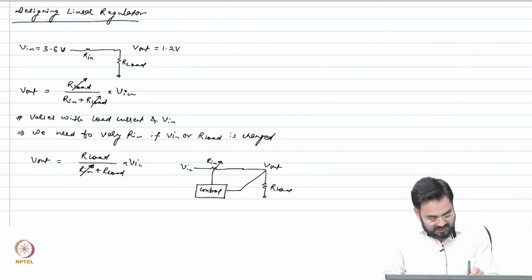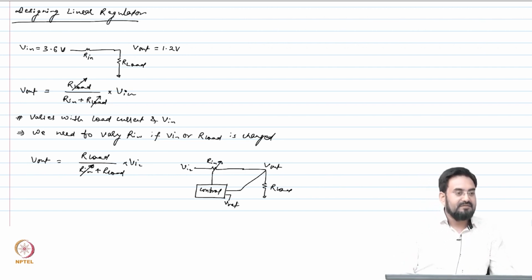Now this control will compare V out with V ref, and accordingly it will change the R in to make sure your V out is constant. Okay.